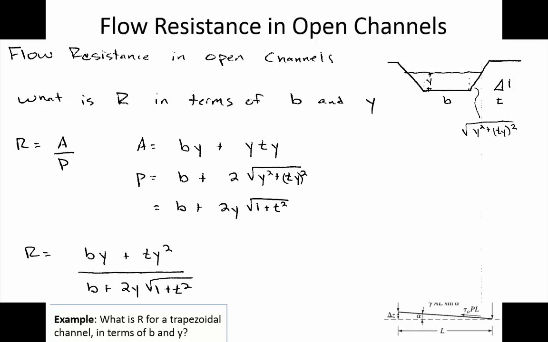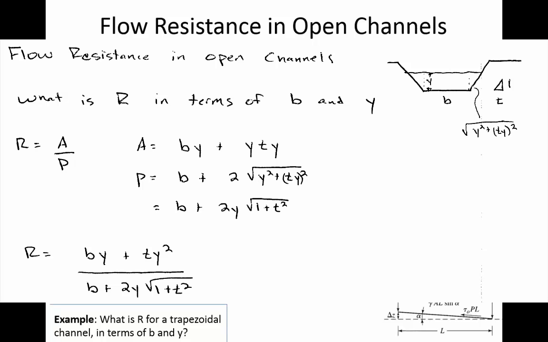This W is just like a little flourish that some texts add, and I get in the habit of doing it sometimes too, to indicate it's the perimeter where the water is touching the solid material, not the air. You know, up here it's air, and air isn't imparting resistance to the flow. Not very much anyway, a little bit, but not very much. So we ignore it when we're calculating the wetted perimeter. So there's going to be b as the bottom width, and that's easy.